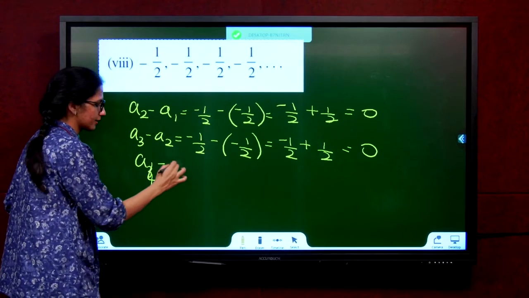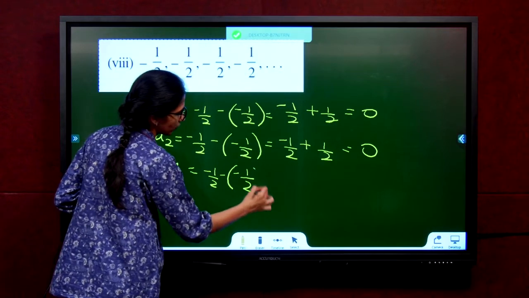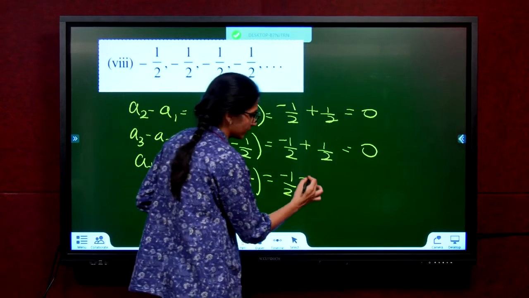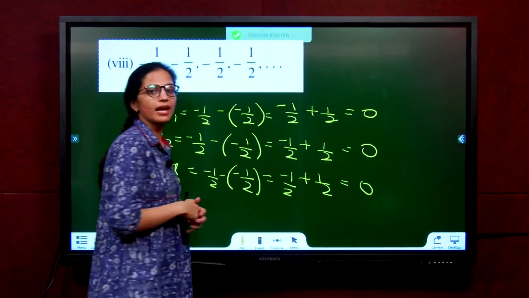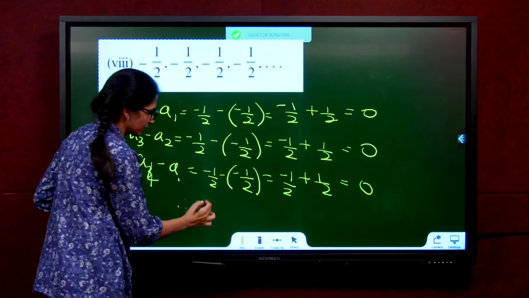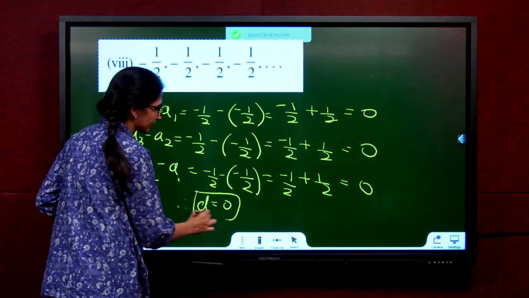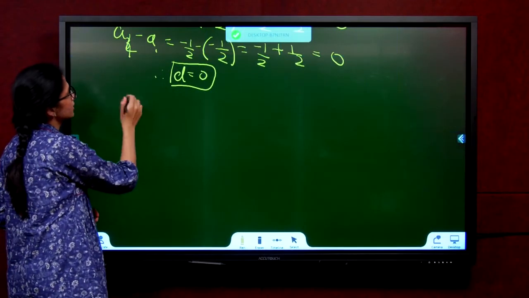A4 minus A3: minus 1 by 2 minus of minus 1 by 2, minus 1 by 2 plus 1 by 2, 0. In all the three cases we have the same difference 0, therefore the common difference is 0 and the given sequence is an AP. Find the next few terms.